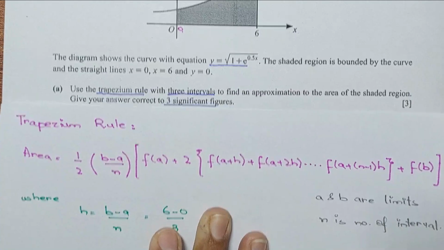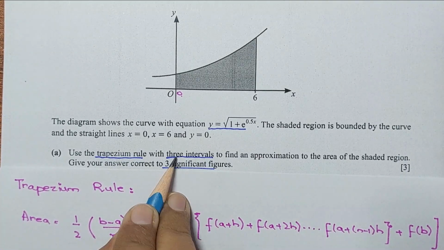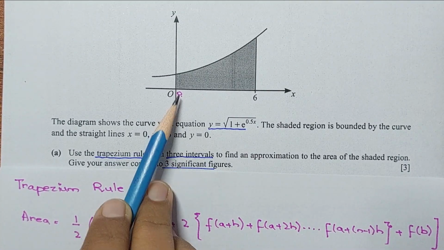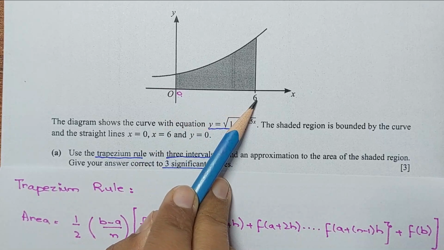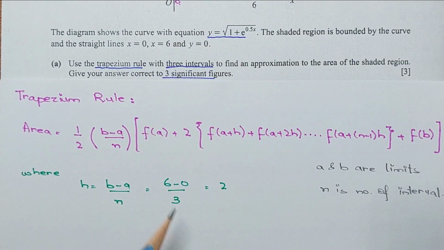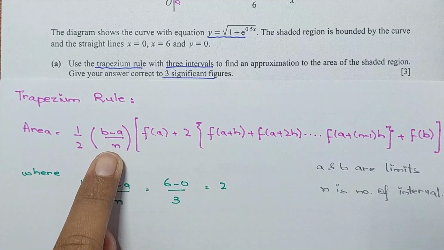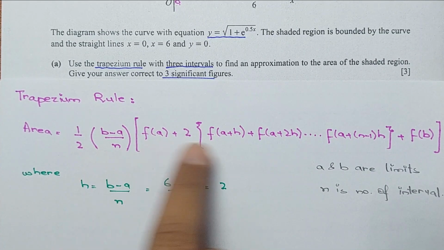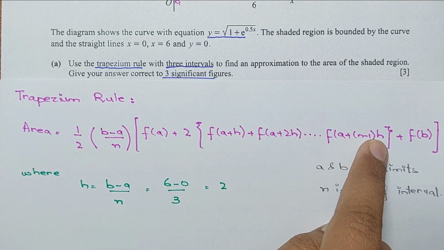In the question we have mentioned that with 3 intervals means the n value is 3. The limits are from 0 to 6, so the a value is 0 and the b value is 6. So 6 minus 0 over the number of intervals, which is 3, is equal to 2. I hope this is clear why I'm taking a as 0, b as 6 and n as 3. Now b minus a over n is 2, so the h value is also 2, right?